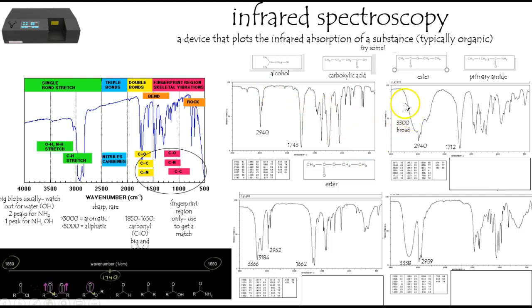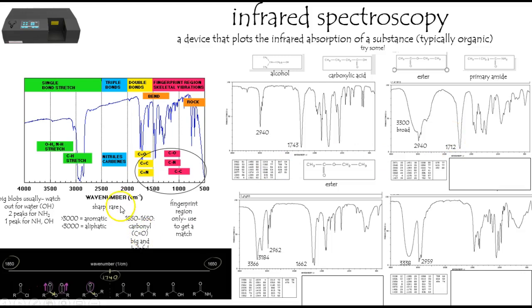How about this one? 3,300, broad, and it's not split in two. I think it's overlapping with something, but I think it's either an NH or an OH. And I'm looking at this, that means it could be this one, but this is NH2 and should be 2 peaks, so it could be an alcohol, right? 2940, it's not aromatic, it's to the right of 3,000. 1712. If this is a pure substance, it's not an alcohol, because that's a carbonyl group.